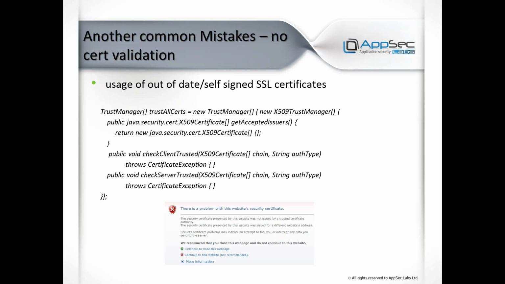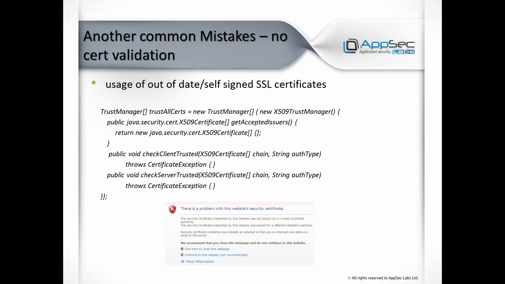It happens many times when, for example, the app is using a self-signed certificate, because we're writing an app and we don't have the production certificate at the development environment. So we're using something which is self-signed, which is okay.